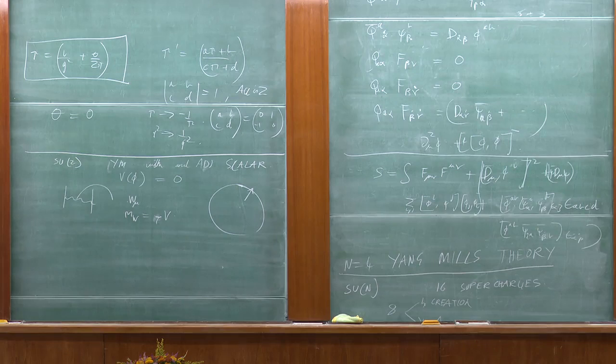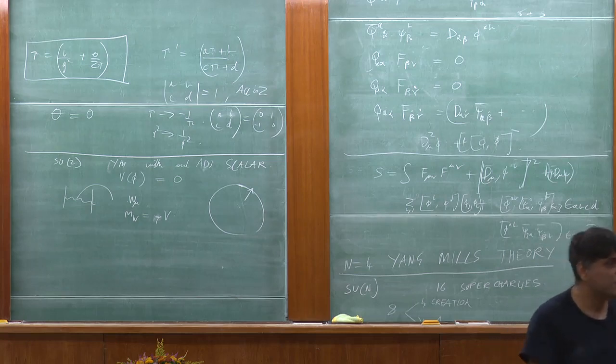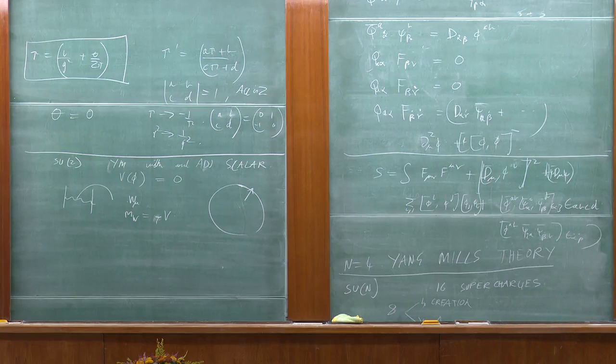Okay? However, if you in addition turn on the gauge field in such a way that A mu precisely cancels that rotation, to make the covariant derivative 0. Okay, if you precisely accomplish that, then this 1 over r squared becomes like 1 over r to the 4, and you get nice finite energy.